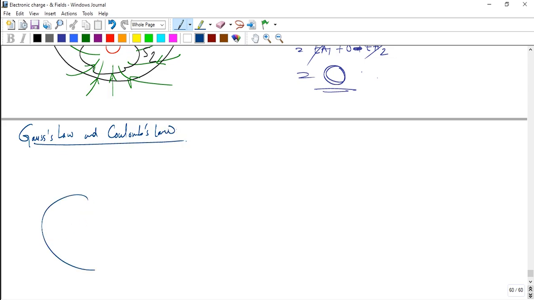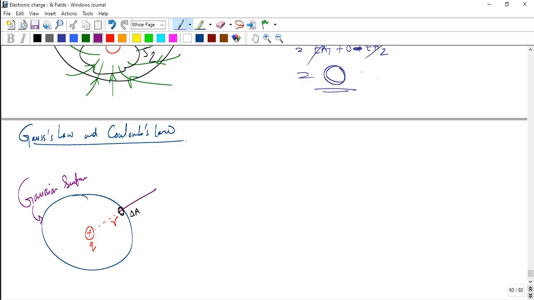Consider a sphere with a positive charge here, plus q, and the distance is r. We consider a very small surface here called delta A. So a positive charge is enclosed by the Gaussian surface. This surface is called the Gaussian surface.